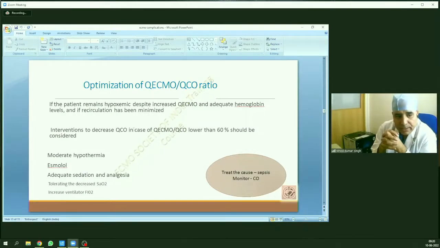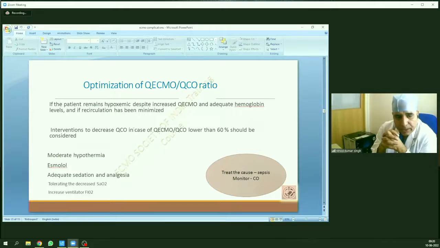You can minimize the patient's cardiac output by using moderate hypothermia, beta blockers, sedation and analgesia. If you think that your patient is tolerating the low oxygen saturation, there is no increase in lactate, and there is no tissue hypoxia, you can accept a lower oxygen saturation in such a situation, because the next step is that you might have to go for another ECMO configuration which can minimize all those things.